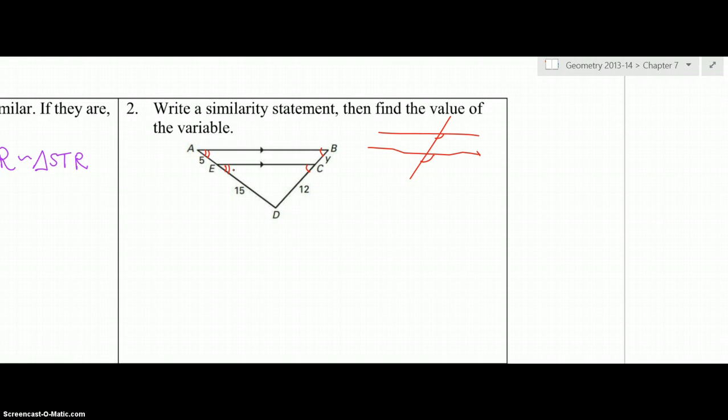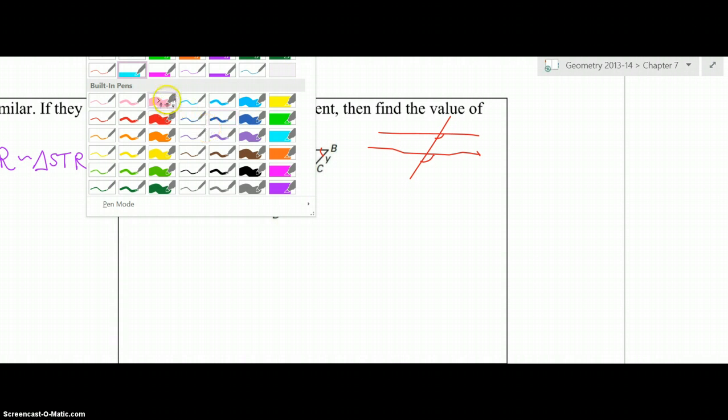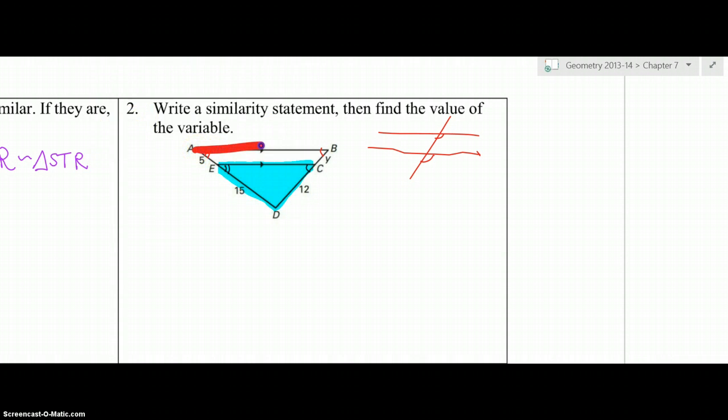And how many triangles are in this picture? There's actually two triangles in this picture, right? We have this smaller triangle and then we have the larger triangle as well. I did that kind of thick, but you get the picture. Okay, so what I'm going to do is draw two separate triangles, just like I did in the notes last night.